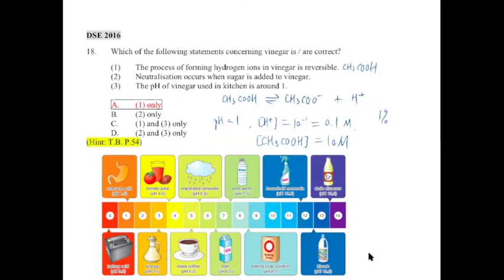Would you think the vinegar we use in our kitchen would be so concentrated, 10 molar? That's not practical. So 3 again is not correct. The only correct statement should be the first one, so we should choose A.